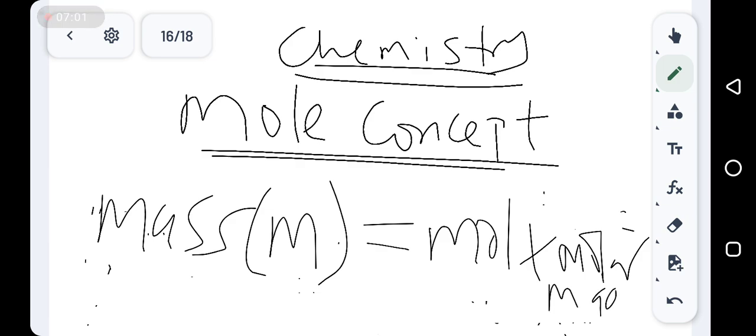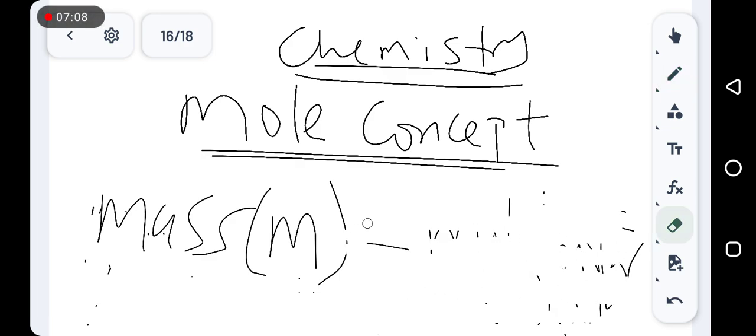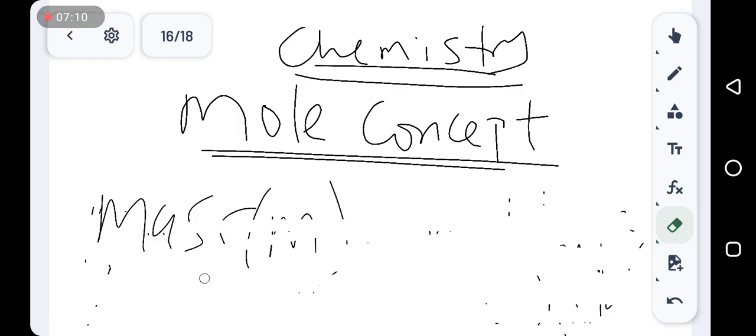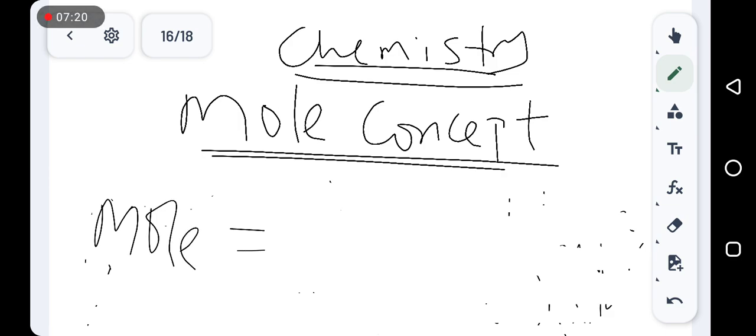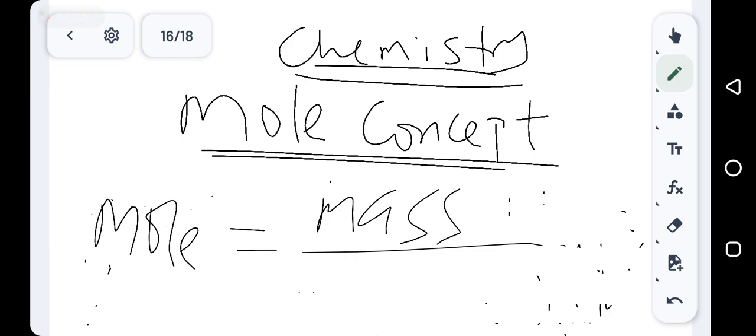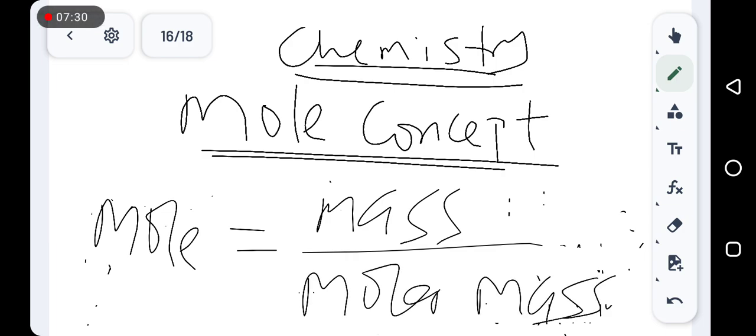And if you are given the mass and you are asked to find the mole, then the formula is that mole is equal to mass over molar mass. Now, let me solve some examples to make this clearer.